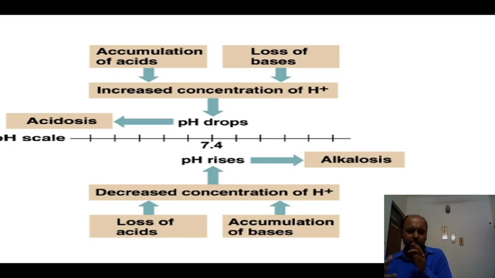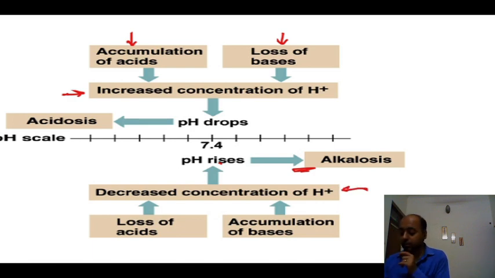So what are the primary causes for acidosis and alkalosis? See, when we talk about acidosis, there should be increased concentration of H plus. The H plus concentration can increase either due to accumulation of acid or when the bases have been lost. We'll see this when we are doing it later. So either accumulation of acid or loss of bases. Similarly, if the pH rises, if you're talking about alkalosis, there should be decreased concentration of H plus.